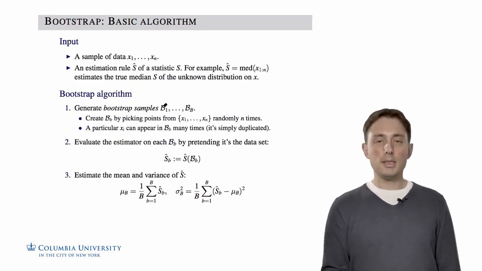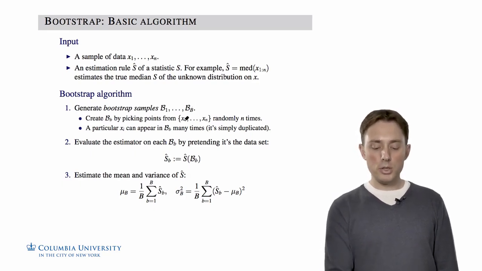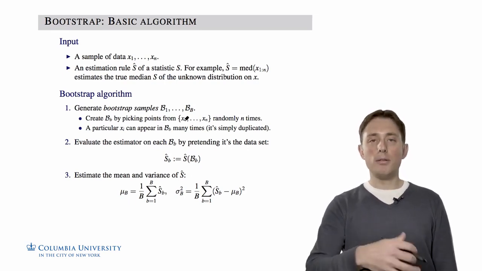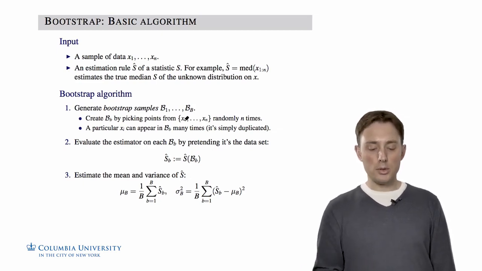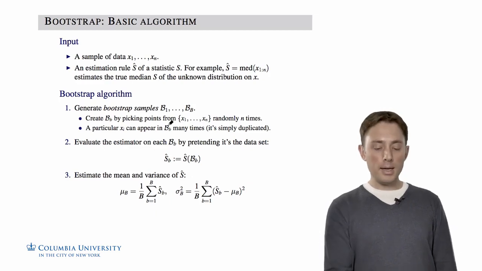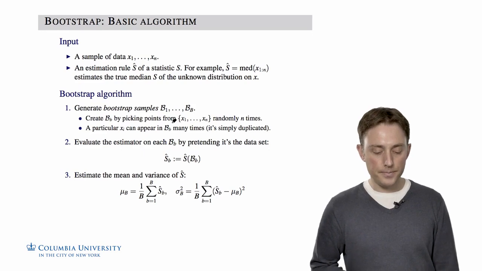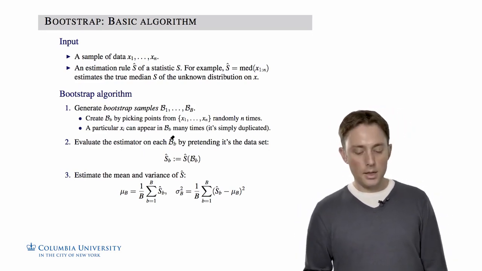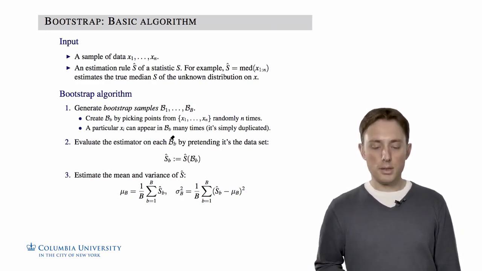In this sense, each one of these sets is only going to contain data from our original data set. However, each set is going to have each individual observation duplicated a certain number of times or not contain particular observations. So a particular xi might not appear in a particular sampled data set. Each of these Bootstrap data sets is like a view of the original data set.